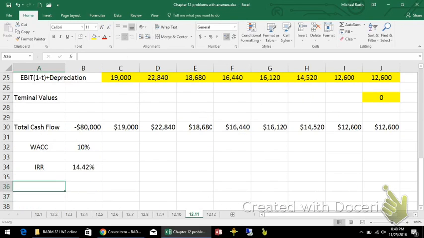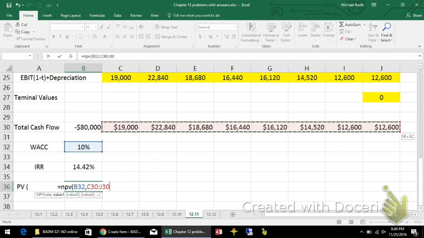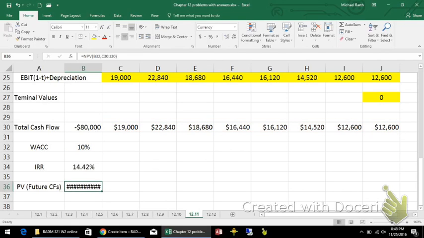Okay, and then calculating the net present value. The present value of the future cash flows, at 10%, is $91,000.